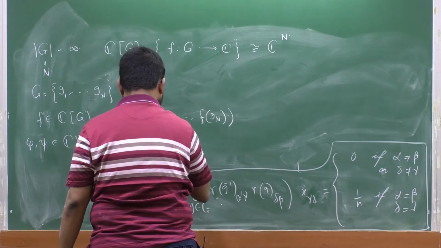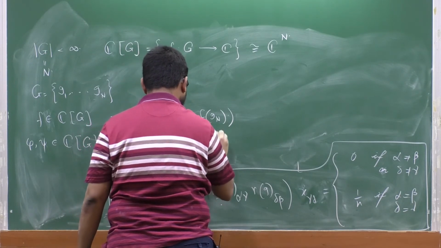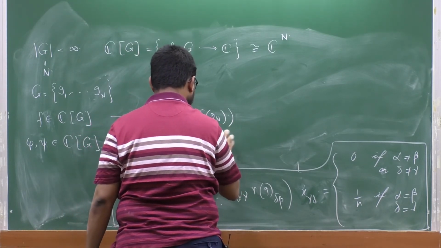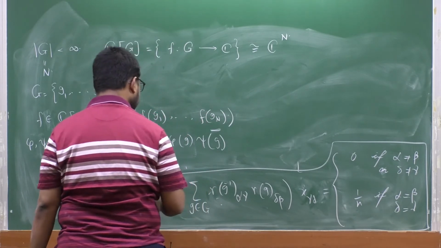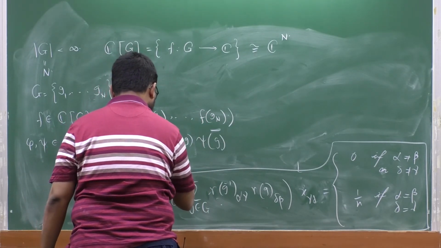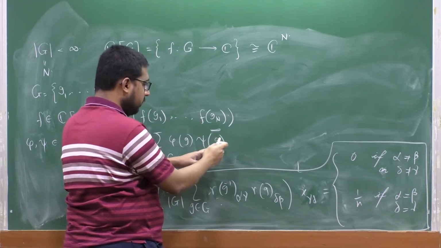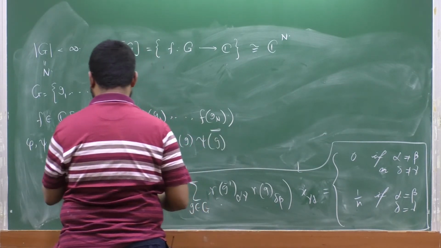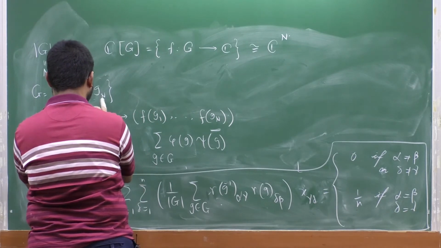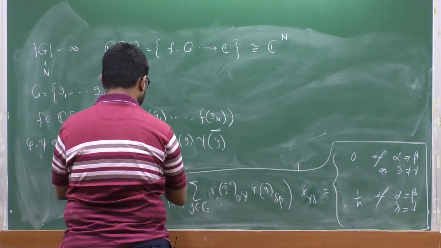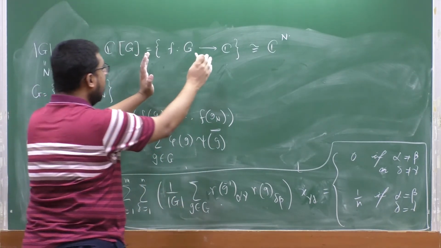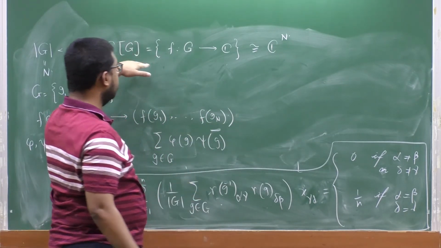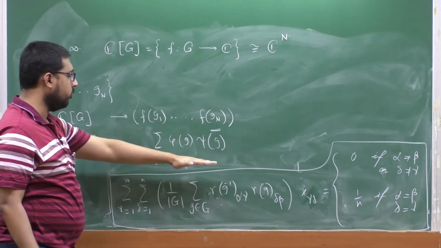So it will be the sum over g of phi(g) times psi(g) bar, and of course there is the sum over g1, and so on, but since we take the sum, we don't have to write this. That is how the natural inner product on this CG should be.